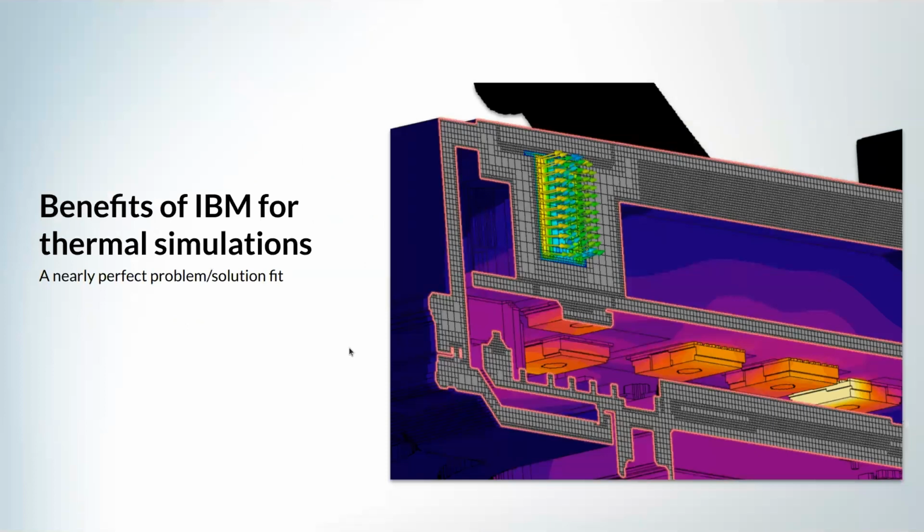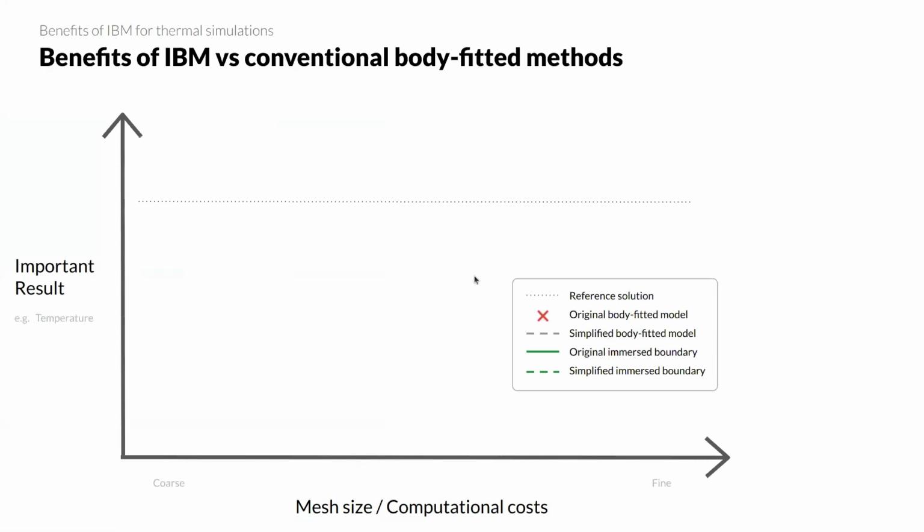Now, I want to show you this with the example of an inverter case, but first walk you again through why this is so great, or what the additional design space is that you get by using this method. For that, I listed here on the x-axis our mesh fineness from very coarse to very fine, and you can see one important result component, for example, the maximum temperature of the battery cell.